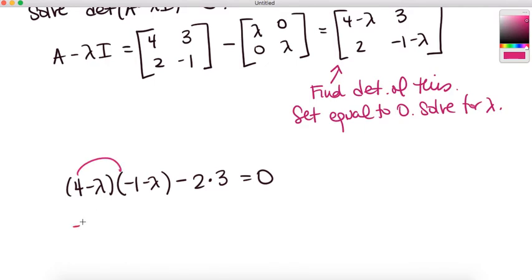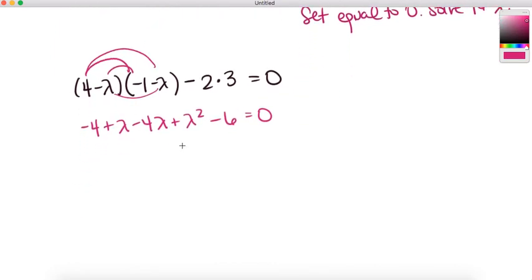We multiply and get negative 4 plus negative 4 lambda plus lambda squared minus 6 equal to 0. Combining like terms, we get lambda squared, negative 4 and 1 is negative 3 lambda, minus 4 and minus 6 is negative 10, equal to 0, and we solve for lambda.